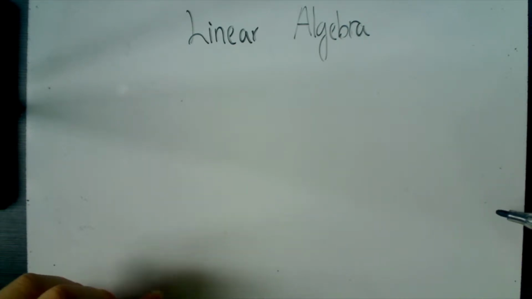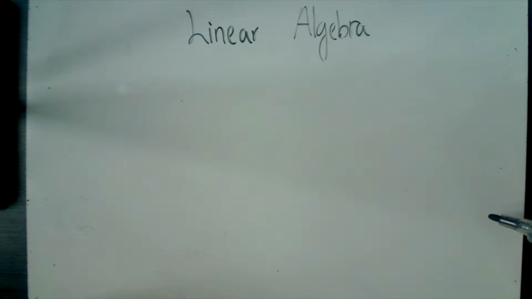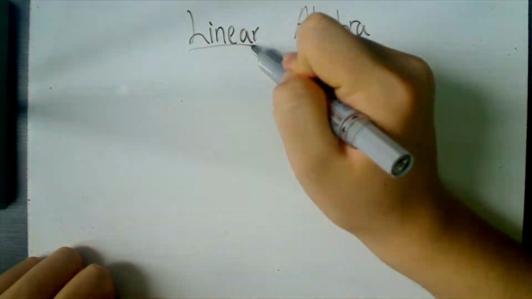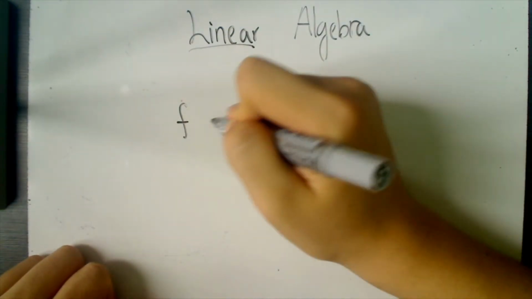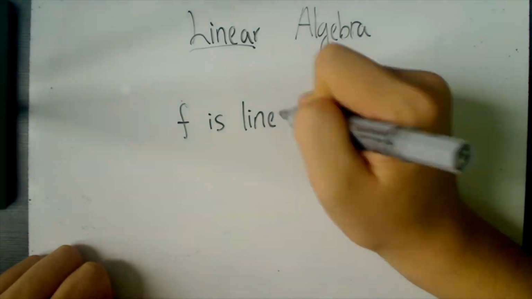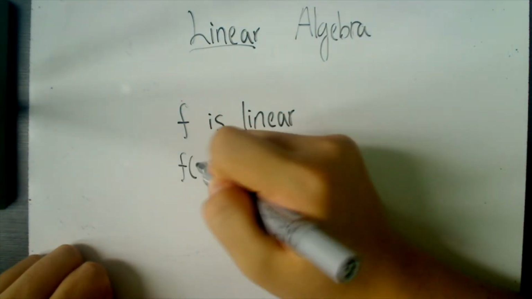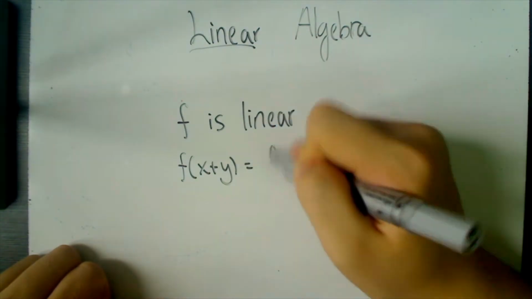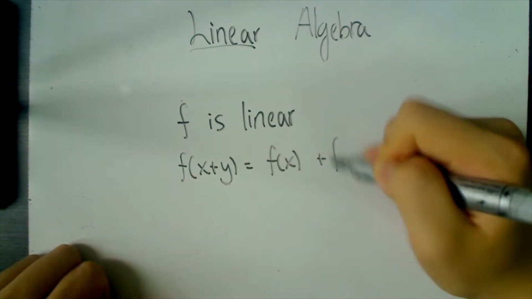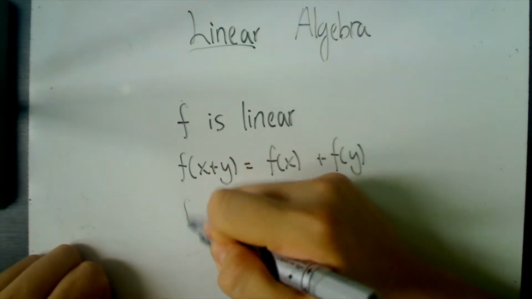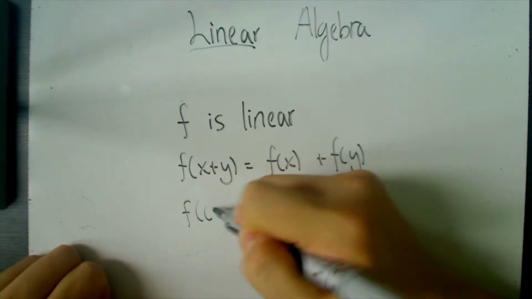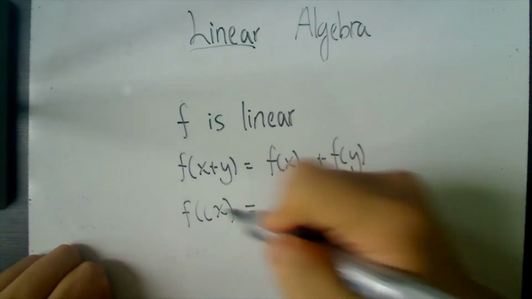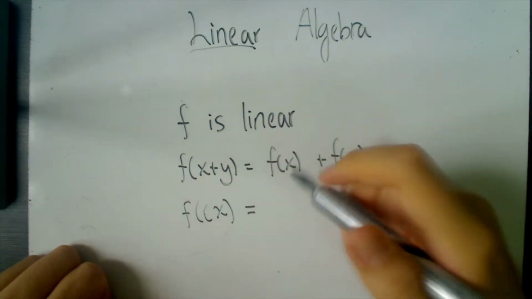So the name of the subject, linear algebra, is in fact incredibly descriptive, because one can see what the subject is about simply by examining the name. The first word is linear. A function f is linear if it satisfies two properties: f of x plus y equals f of x plus f of y, and if you multiply x by some constant c, then you should be able to pull that constant c to the front.